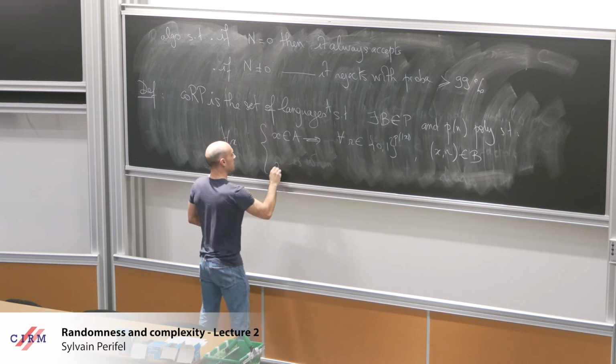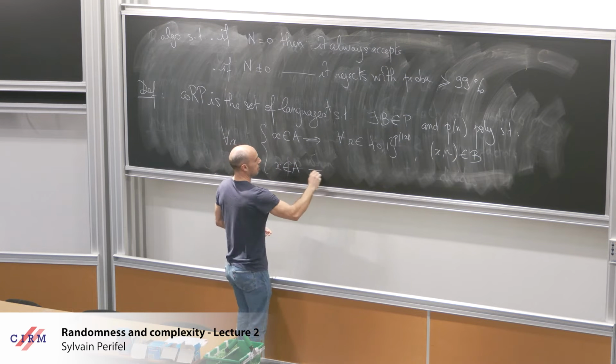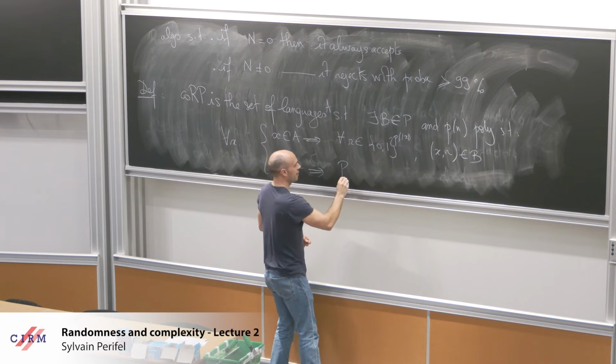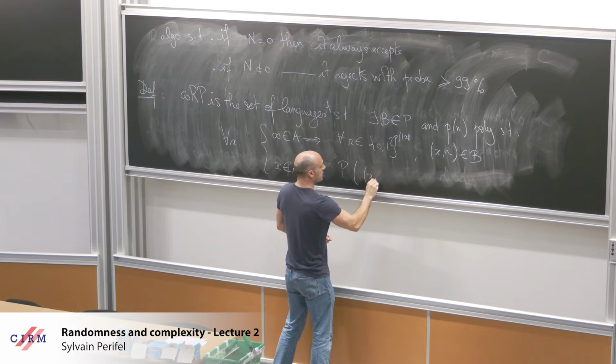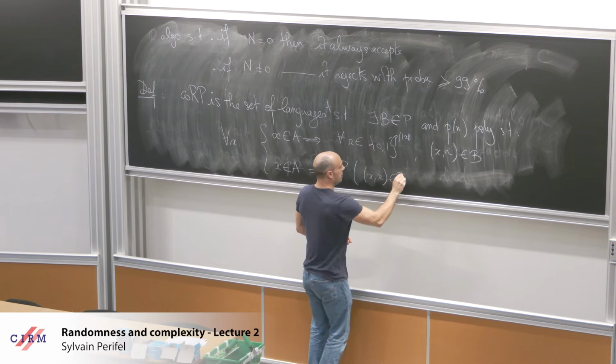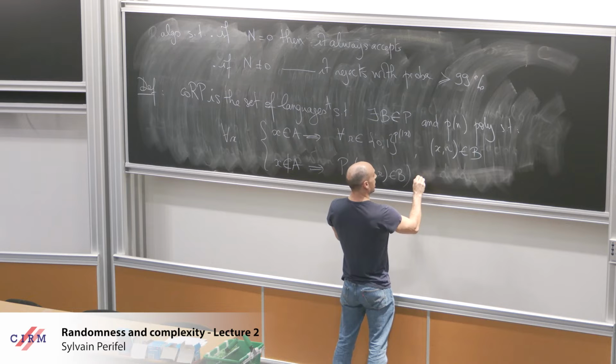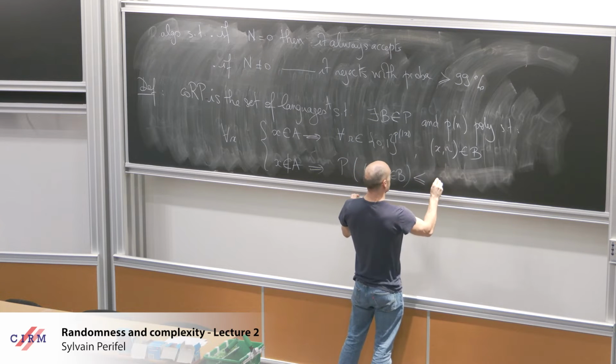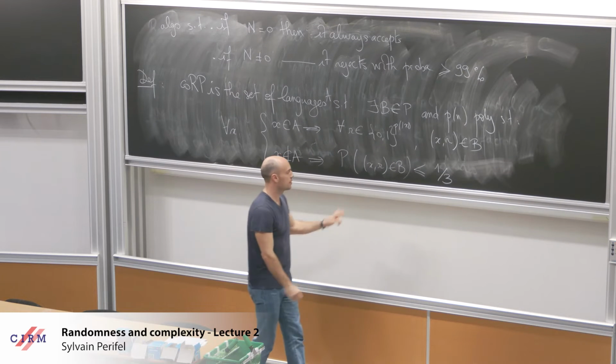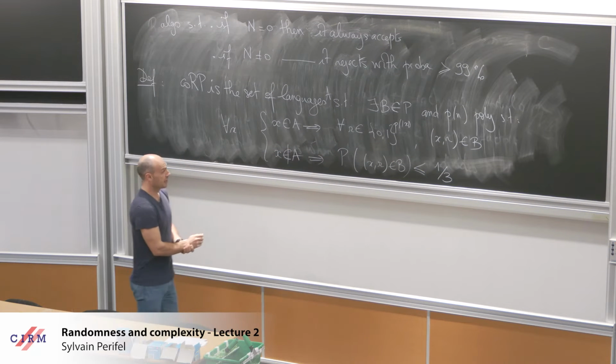And if x is not in A, then the probability, I will explain that later, that (x, r) is in B is at most, and usually we take the value 1/3 for some historical reason. So what does it mean?